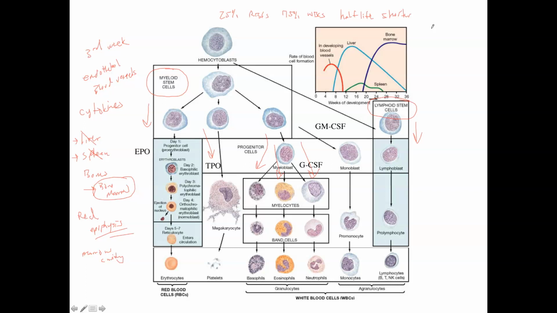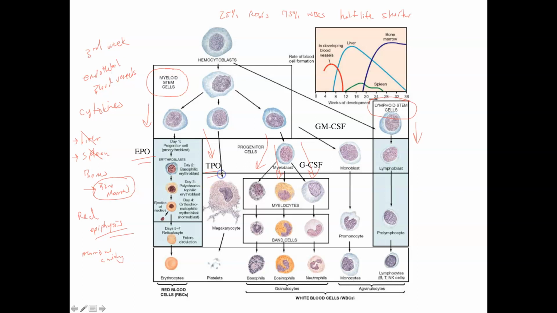But when you're focusing on the main chemicals, we want to focus on EPO. EPO stands for erythropoietin. Erythropoietin is a hormone, a cytokine chemical, but it's classified as a hormone that is released by our kidneys to trigger red blood cell production.